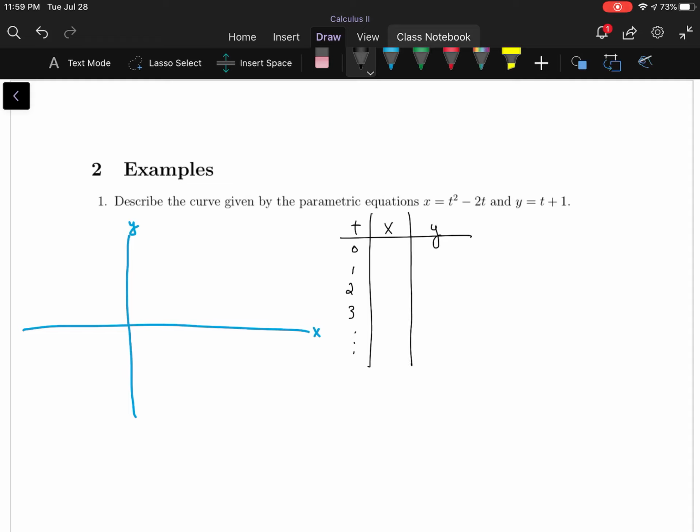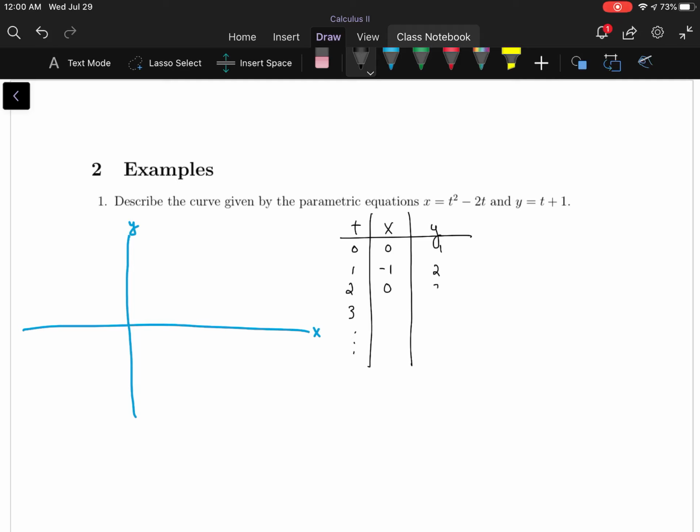So when t is 0, x is 0 minus 0 or 0, and y is going to be 0 plus 1 or 1. When t is 1, x is 1 minus 2 or negative 1, and y is going to be 1 plus 1, which is 2. When t is 2, you've got 2 squared is 4 minus 2 times 2, or 4 minus 4 is 0.